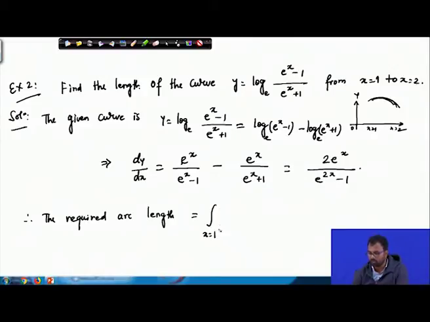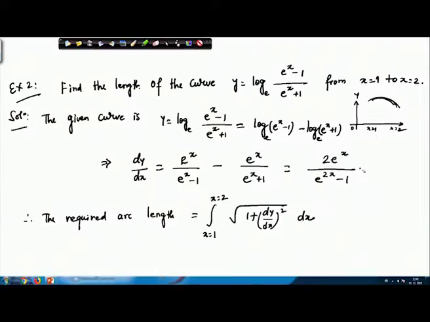So, our a is 1, b is 2, integral of square root of 1 plus dy dx whole square dx. dy dx we have already calculated in equation 1. Let us say this is our equation 1. So, from 1 we will have integral from 1 to 2 of square root of 1 plus 2 e to the power x divided by e to the power 2x minus 1 whole square dx.